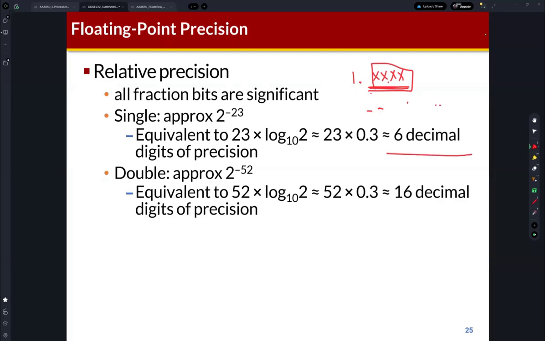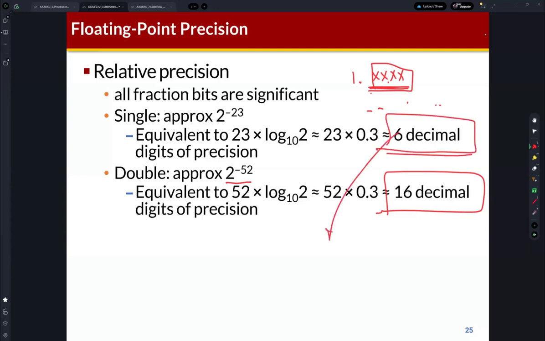And for double precision, this is approximately 2 to the power of minus 52, and it is nearly equivalent to 16 decimal digits of precision. And single is 6 decimal digits.